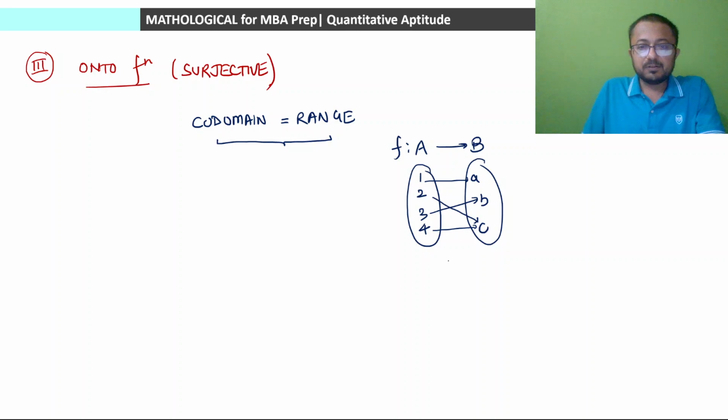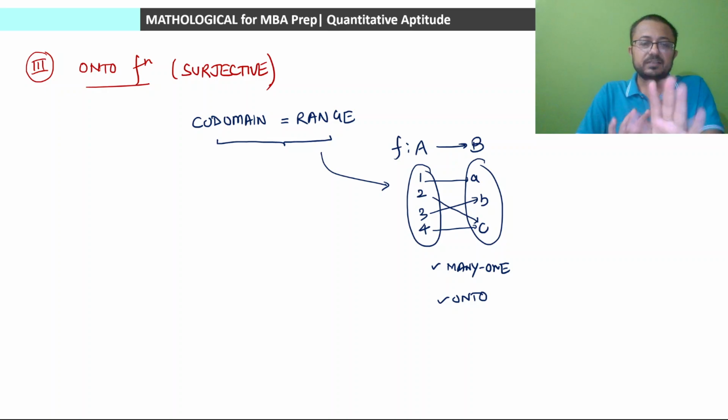But in our codomain the elements are a, b and c, and in the range the elements are also a, b and c. Since codomain is equal to range, this is an onto function. Many-one but an onto function. Clear? So this is an example of an onto function.